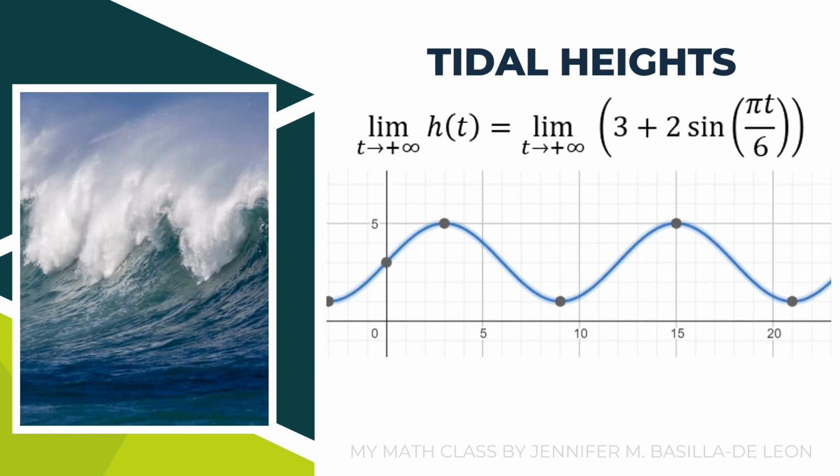Mathematically, we say that the limit does not exist because there is no fixed height that the tide approaches as time goes on. However, this oscillation represents the ongoing natural tidal cycle, showing how the tide constantly moves between these two heights over time.